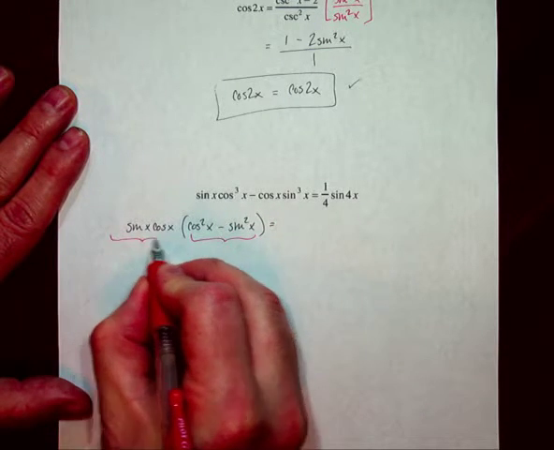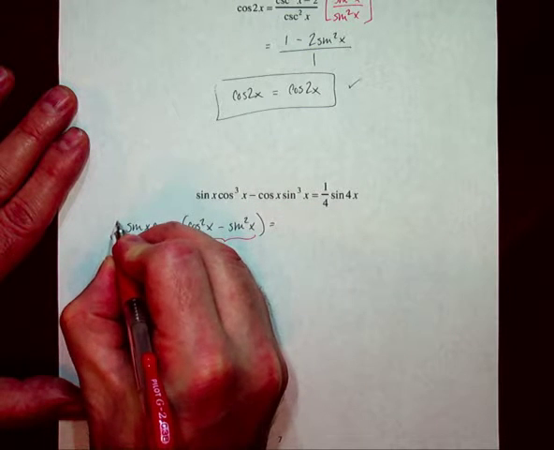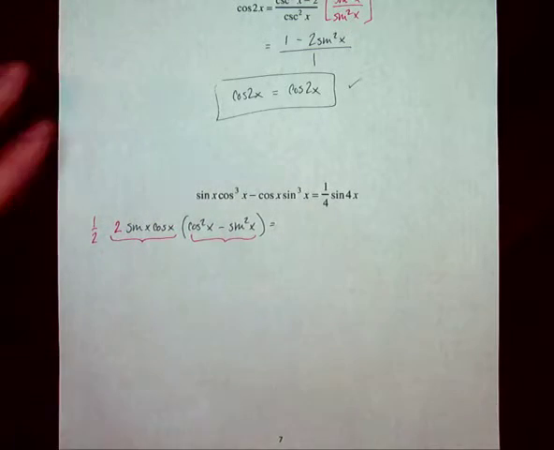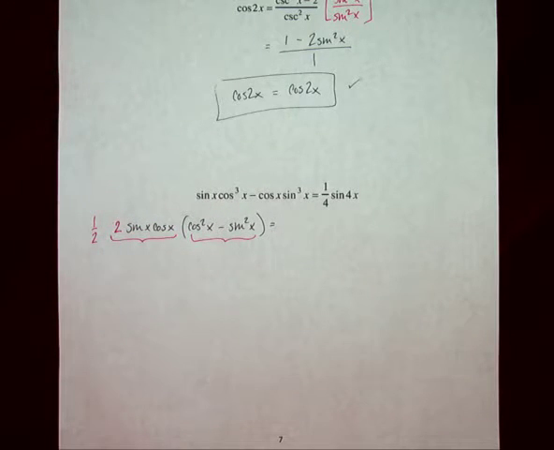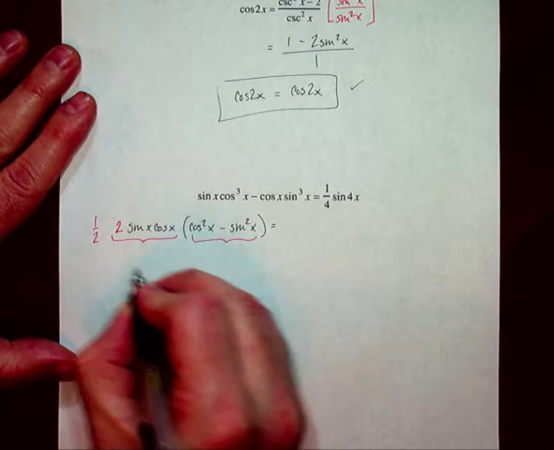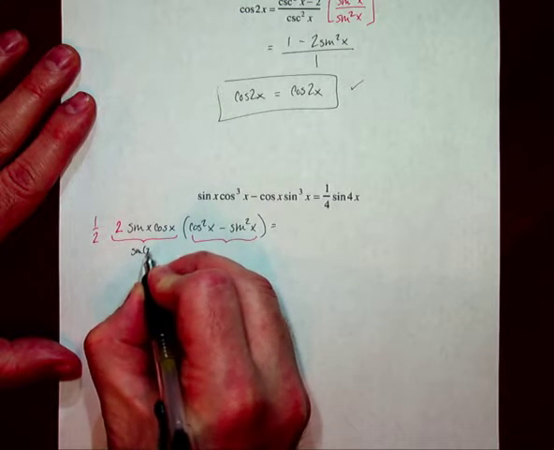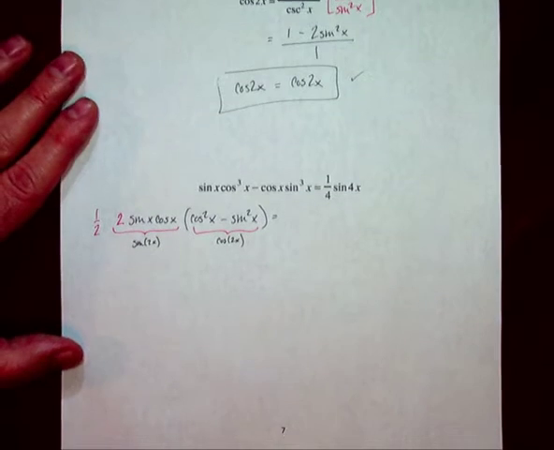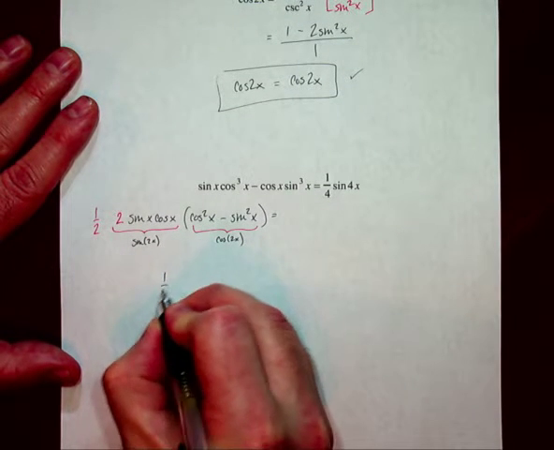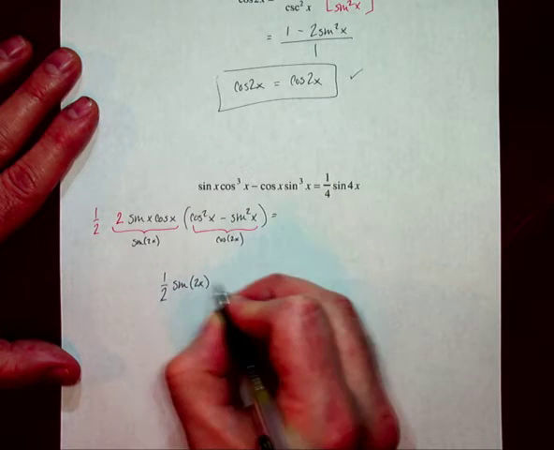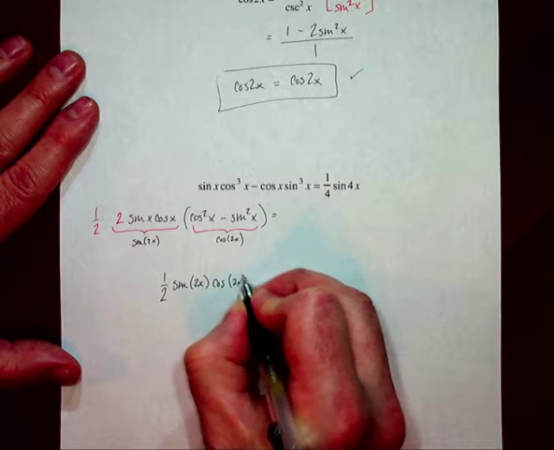This right here is not until you provide the 2. Can you do that? Sure you can, if you also multiply by 1/2. What we get at that point is that this is sine of 2x, and this is cosine of 2x, and I get 1/2 sine of 2x cosine of 2x.